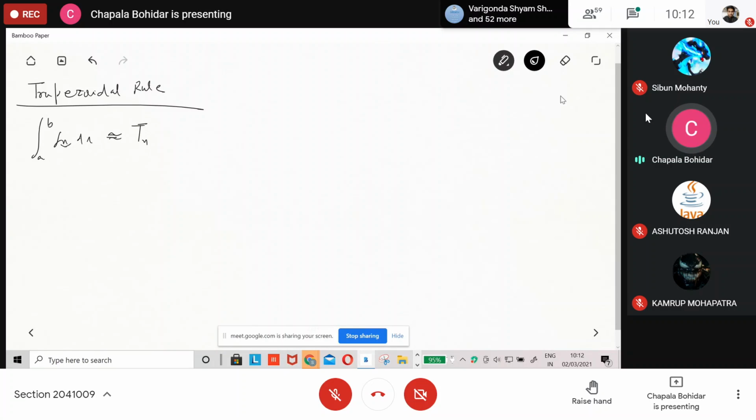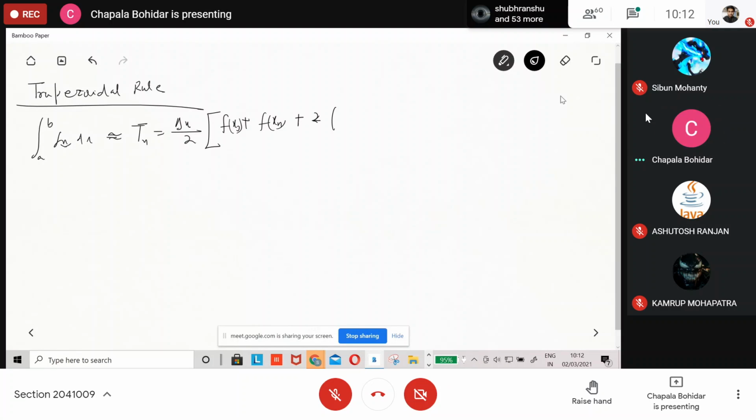Tn is equal to del x by 2 times f(x0) plus f(xn), plus twice f(x1) plus f(x2) up to f(xn minus 1).